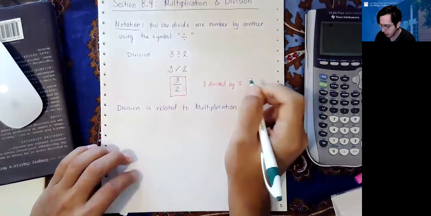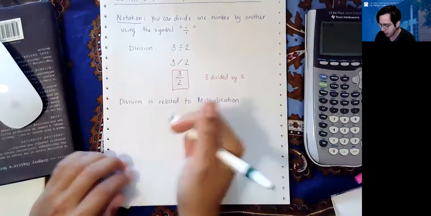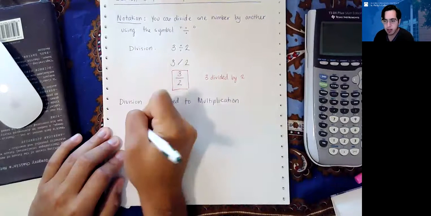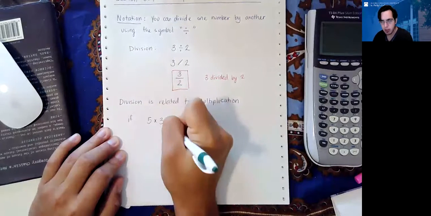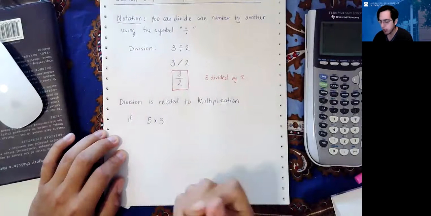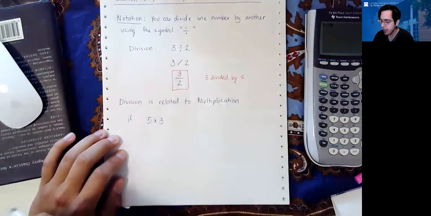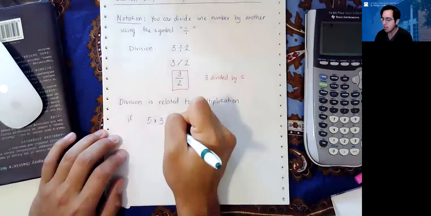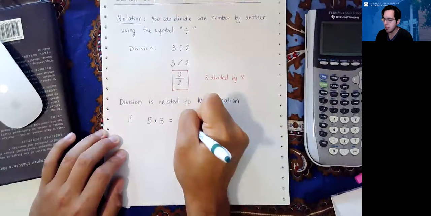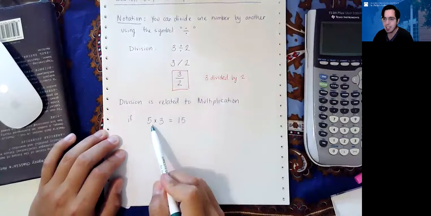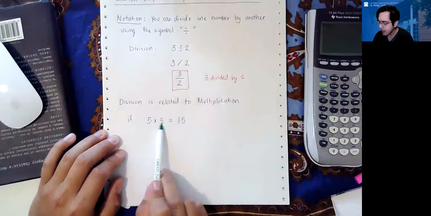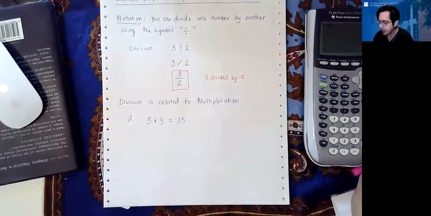So if, for example, we had something like 5 times 3, if you have your times tables memorized, or if you wanted to do that repeated addition process, we could find the answer to that, and it should be 15. But if we have these two numbers multiplied to be 15, that also implies two other statements, right?